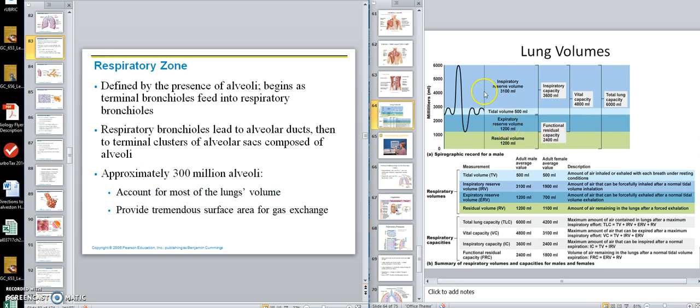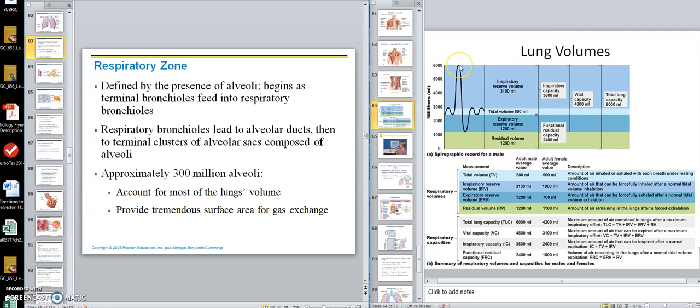Now, another volume you have is what we call your vital capacity. Let me tell you how you do a vital capacity exercise. You just take a few deep breaths in and out. Then you take the deepest breath in you can. You just brought in your tidal volume and all of your inspiratory reserve volume.